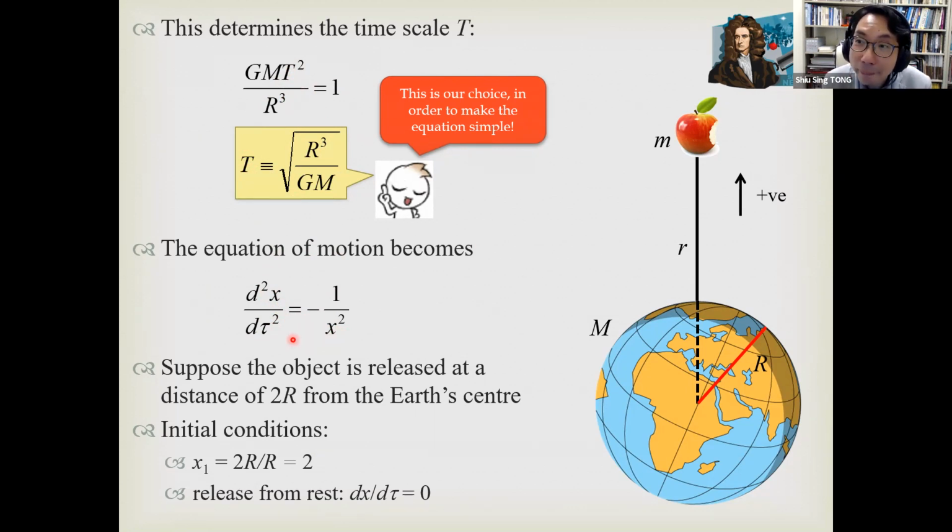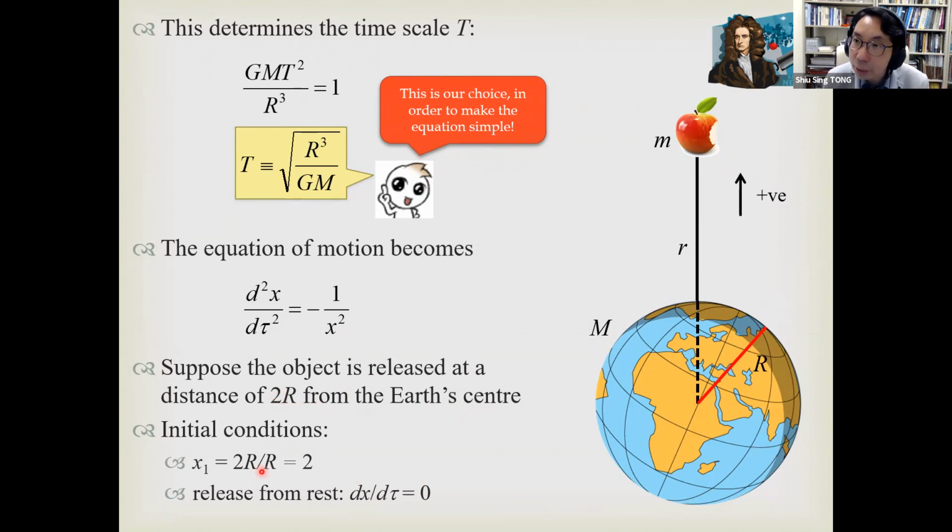Okay. Now suppose in this situation we want to find the motion of the apple falling from a great height. How great is that height? We suppose the apple is released at a distance of 2 times the Earth radius from the Earth center.